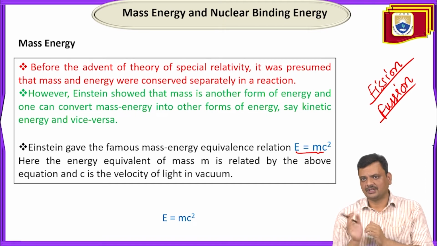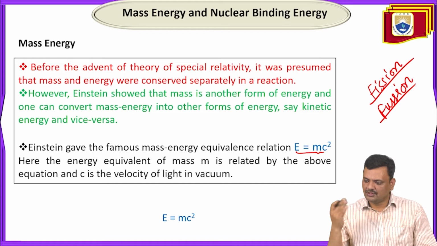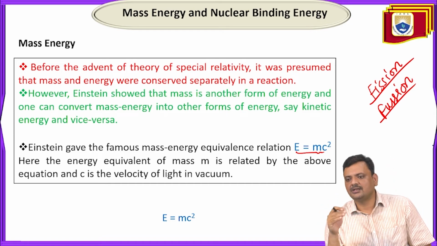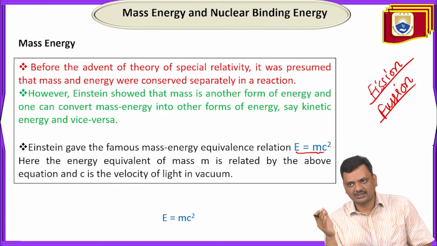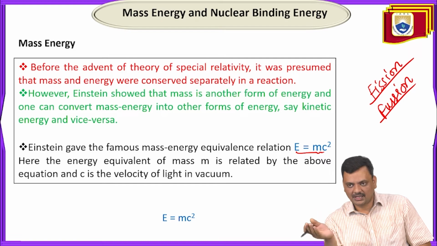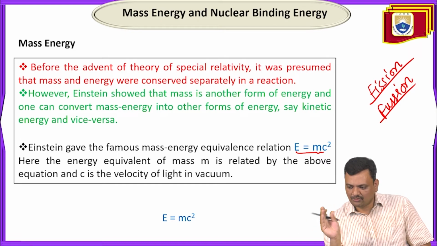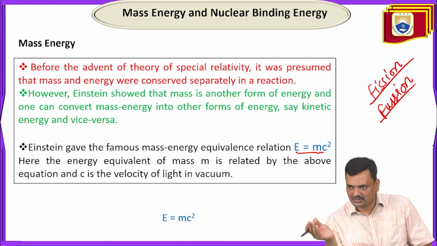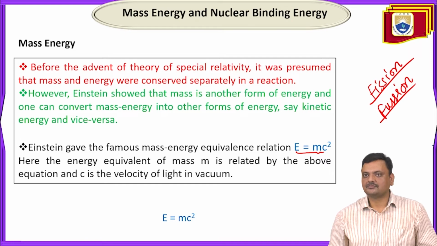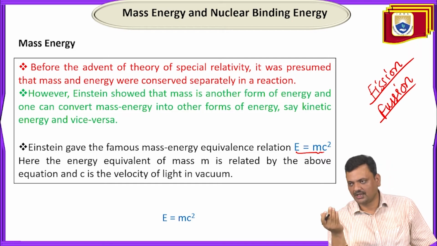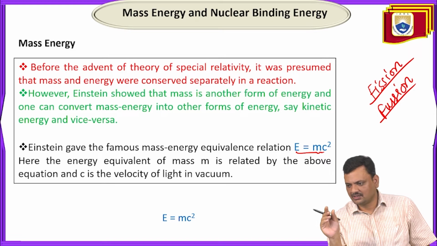You know the law of conservation of energy, but before that they also believed in the law of conservation of mass. After Einstein's investigation that mass and energy are equivalent, meaning they can transfer into each other, people assumed that only energy is conserved, not mass. So only one rule holds, the energy conservation rule, not the mass conservation rule.